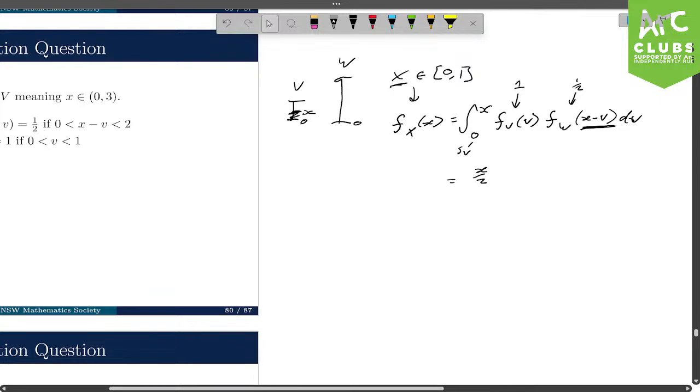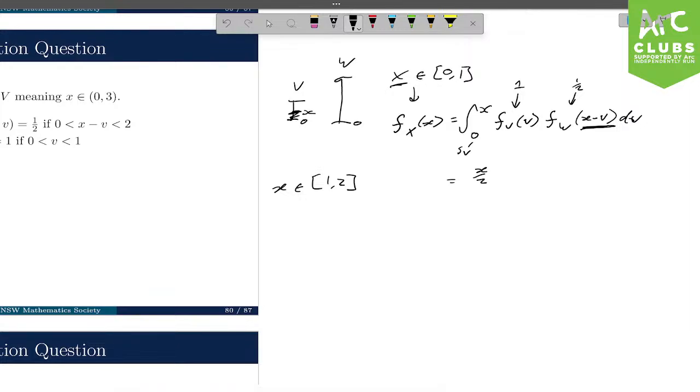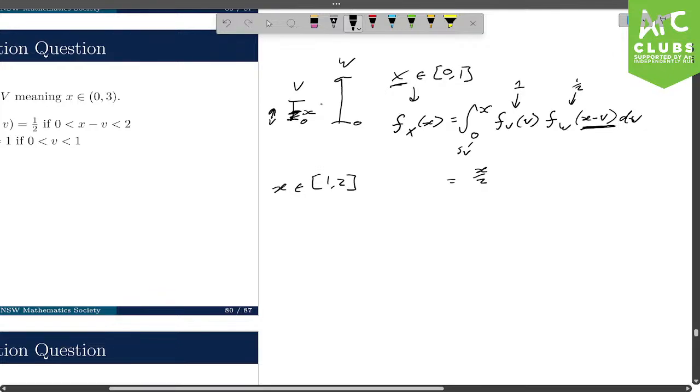Now, if I say instead that x is an element from 1 to 2, I am actually really happy with this, because it means that my value of v is unrestricted. I can make 2 when v is 0. I can make 1 when v is 1, just by altering w accordingly, right? So it's an understanding of how we change these values up and down accordingly, or rather opposingly, when determining this distribution.